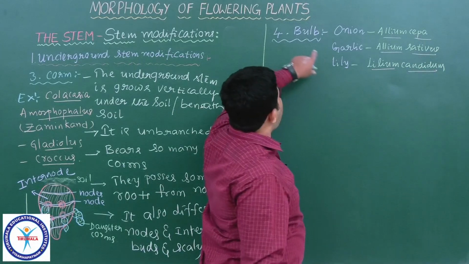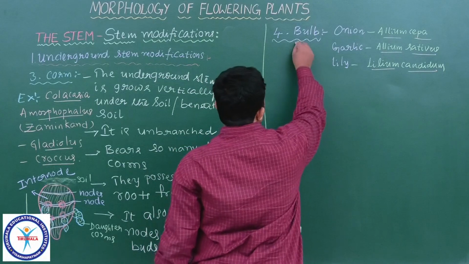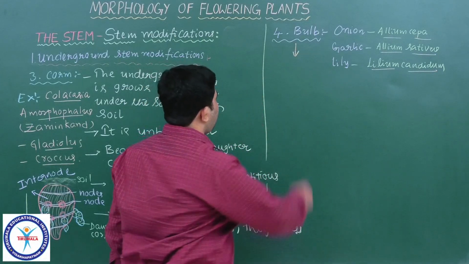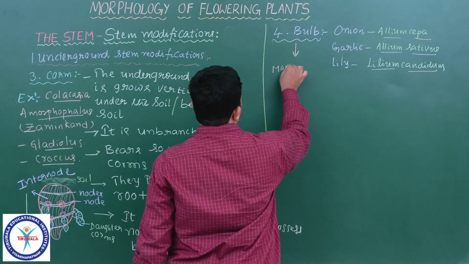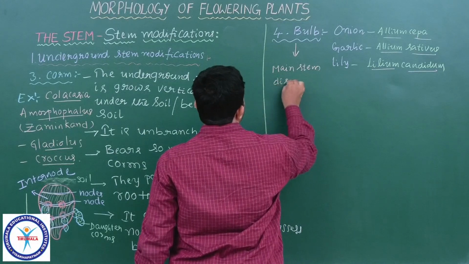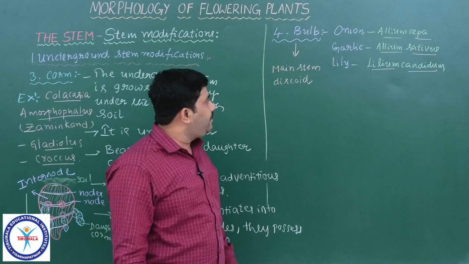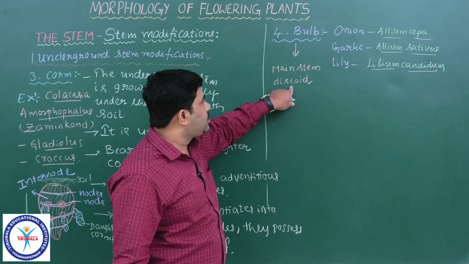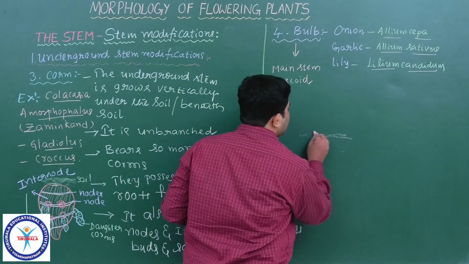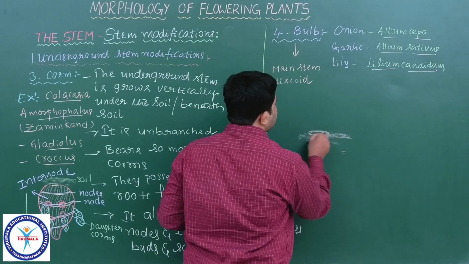Understood? All these plants possess a type of underground stem modification called bulb. What is a bulb here? In the bulb the main stem is discoid. Students, please remember, the main stem in the bulb is discoid in condition. Suppose this is the soil, here we see a discoid stem.